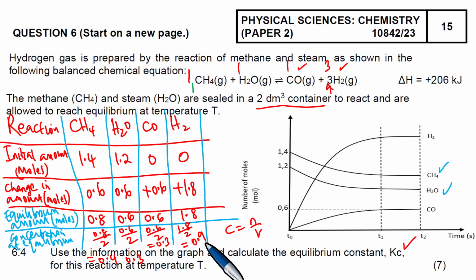Pay attention. We have actually completed this table. This table has been filled up. And therefore, in 6.4, you need to be in a position to explain exactly what to do here.